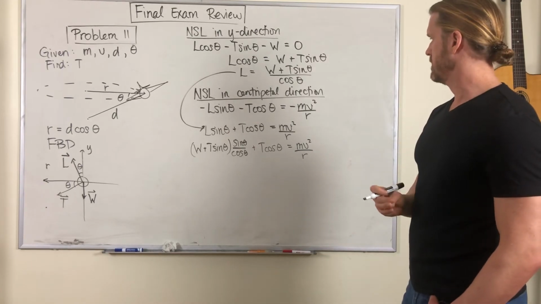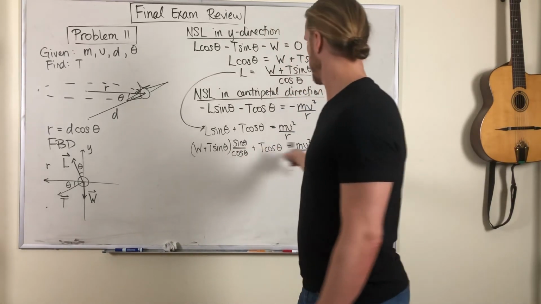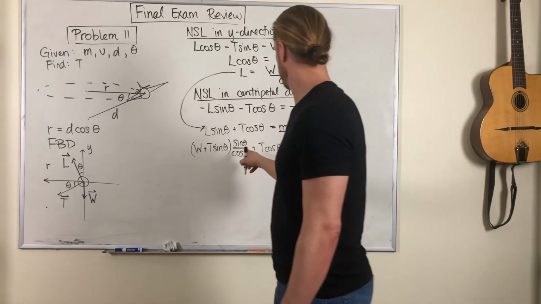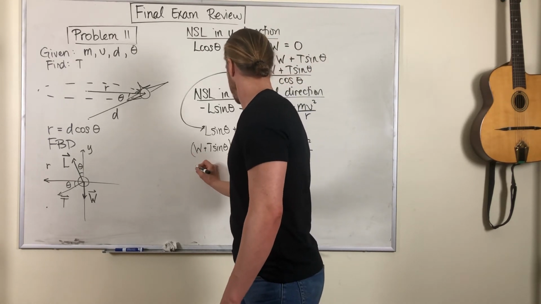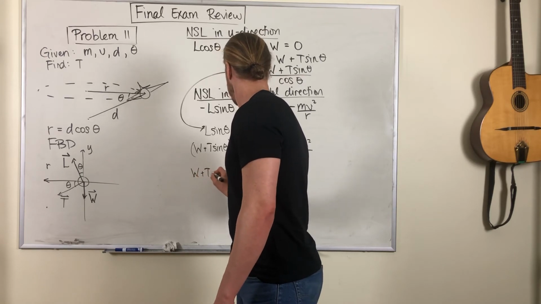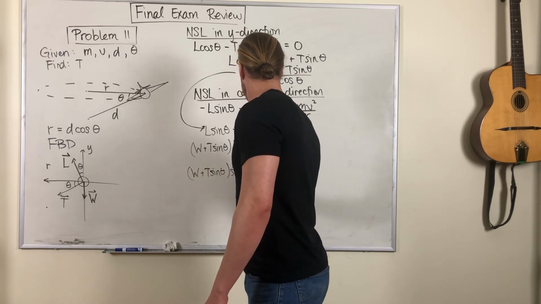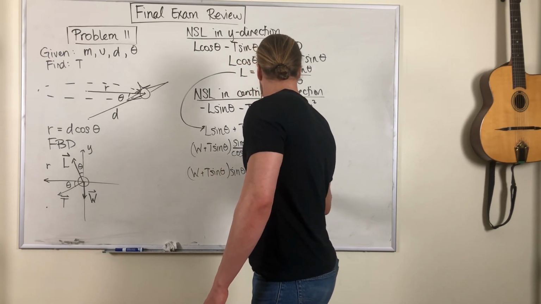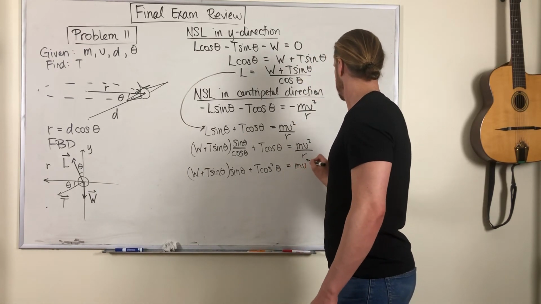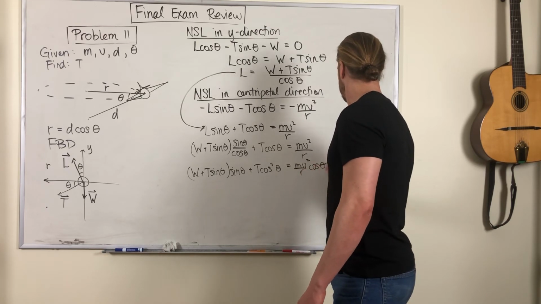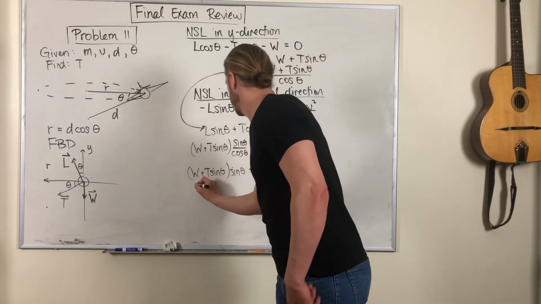Now let's do some more algebra. Bear with me while we do this. I'm going to multiply everything by cosine, and we'll see if you can follow what I'm doing here. I multiplied everything by cosine. And now I'll distribute this stuff.